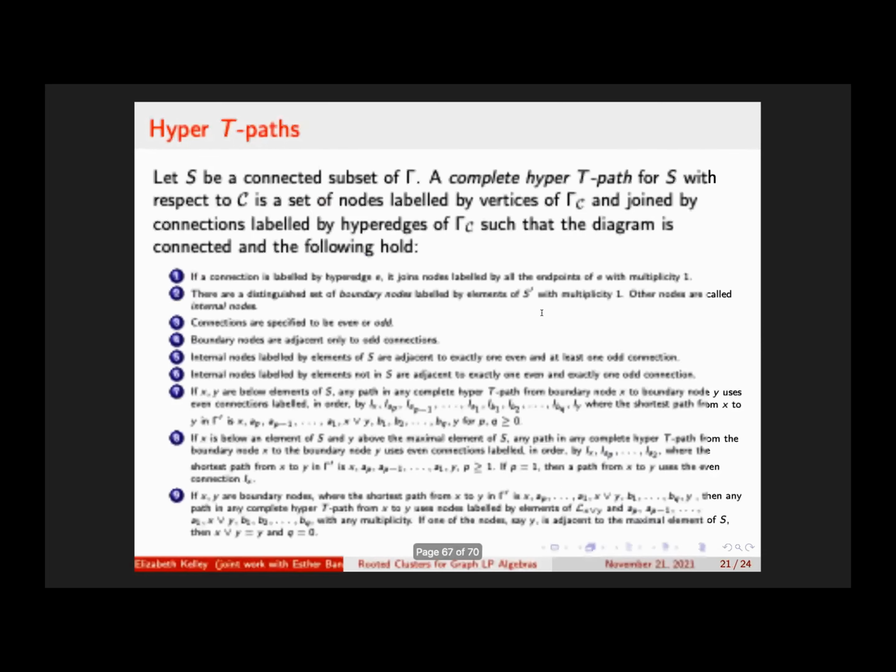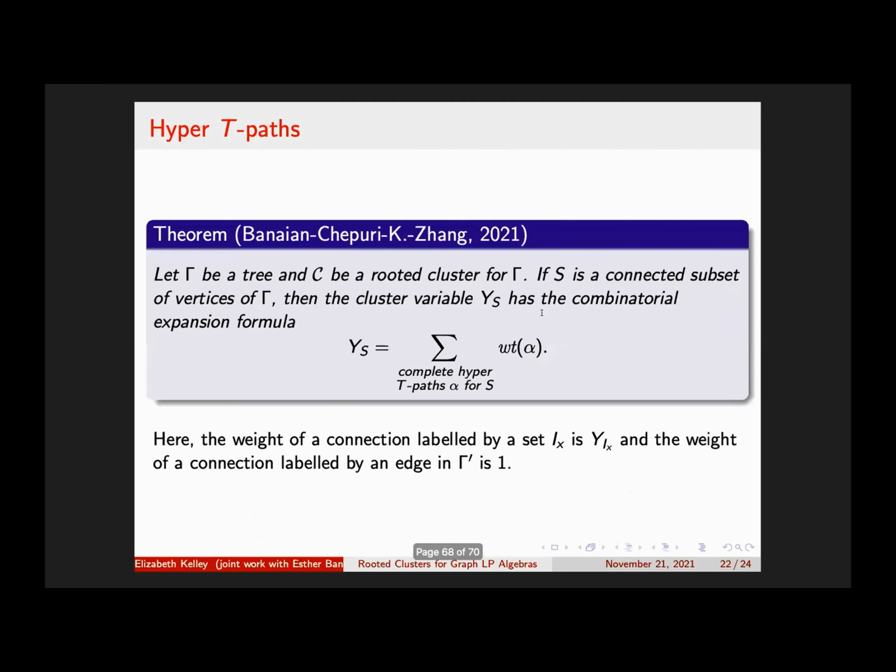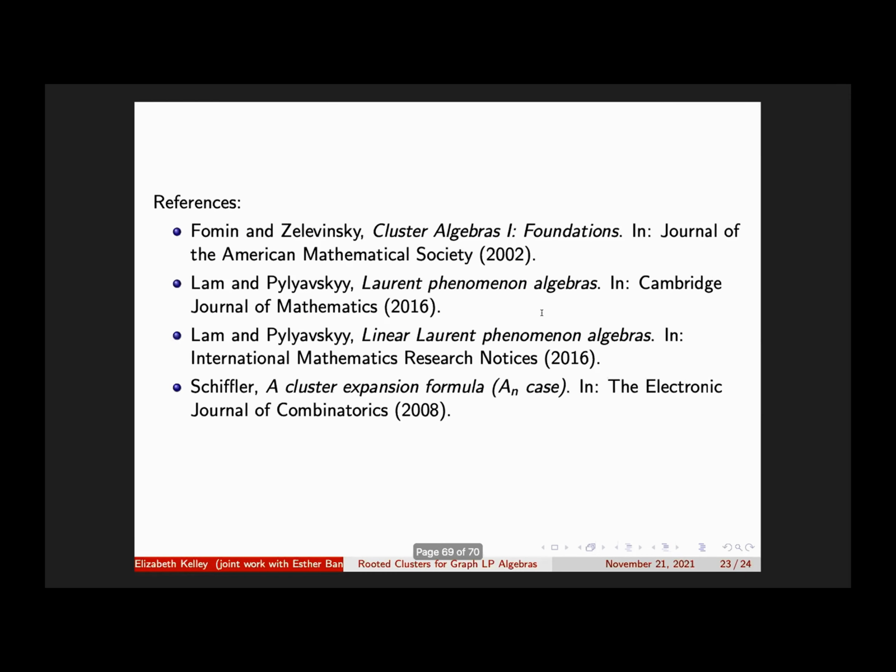And so I'm absolutely not going to go through this, but you can write down a set of rules for these hyper T-paths and prove that they produce these consistent objects. And then you get an expansion formula from these hyper T-paths that gives you a way to get the expressions for other cluster variables in terms of your original cluster using this combinatorial construction.